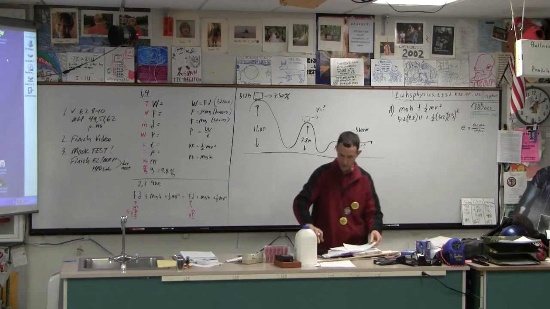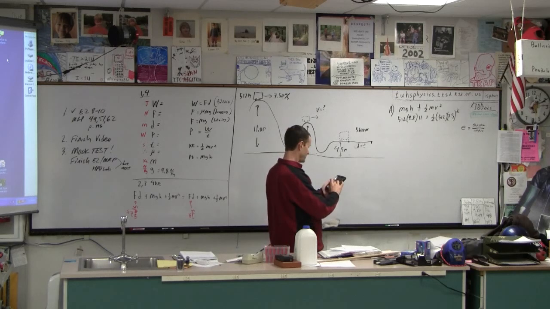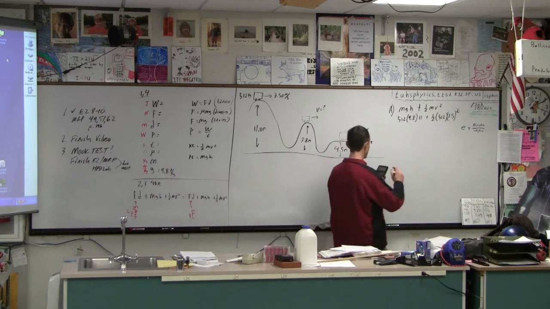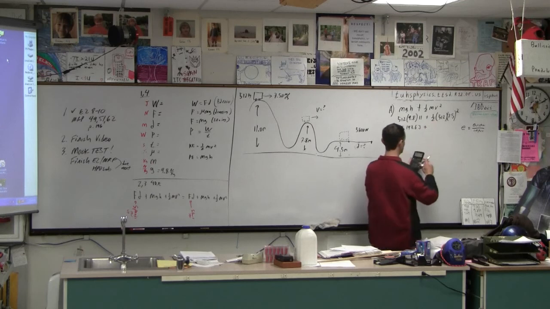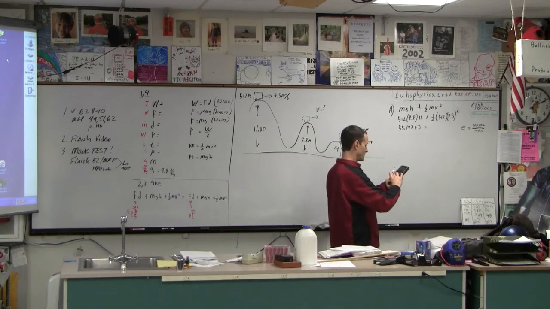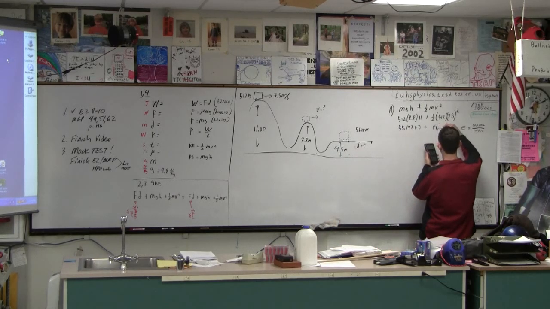And so I'm just literally going to put that into my calculator that way. This is 55,193.6. This is 14,400.